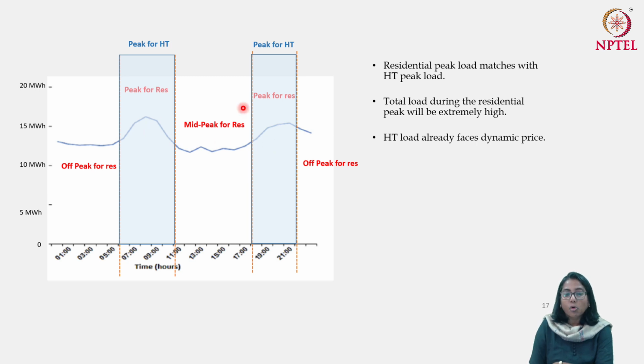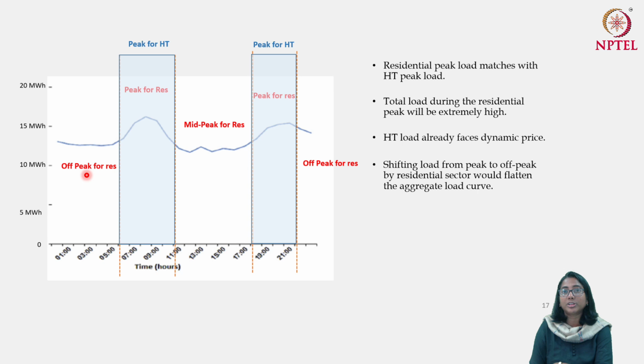However, if there is overlapping of peak load for the high tension and residential users, and you introduce time of use or time of day pricing, so that the residential sector transfers some of this peak load to the off-peak period, that will actually add to the off-peak period in aggregate. This is not only the off-peak period for the residential, it is also the off-peak period for the high tension users, and therefore it is the off-peak period in aggregate.